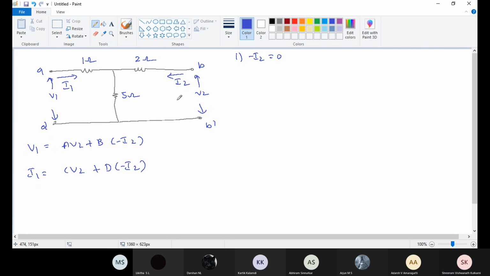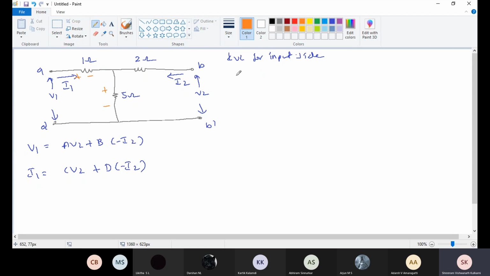First, KVL for this loop. Then we are going to calculate. First of all, I'm going to write KVL for the input side. Where plus minus.